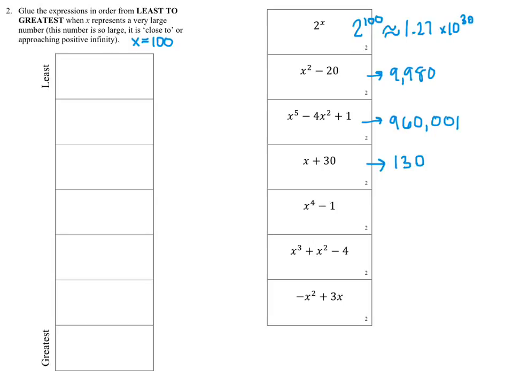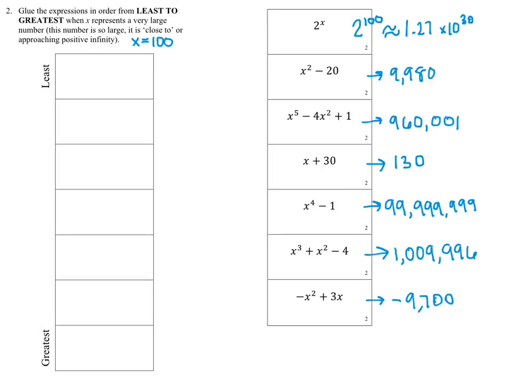X to the 4 minus 1 is 99,999,999. X to the 3 plus x squared minus 4, when I plug in 100, gives me 1,009,996. And finally, negative x squared plus 3x gives me negative 9,700.